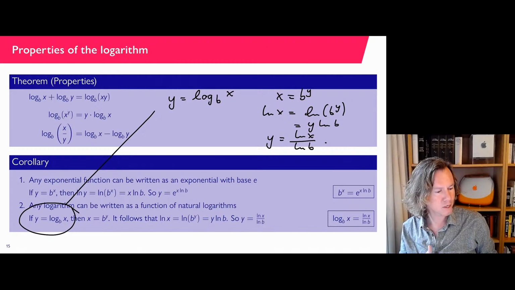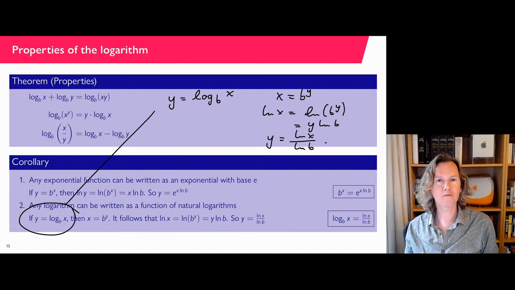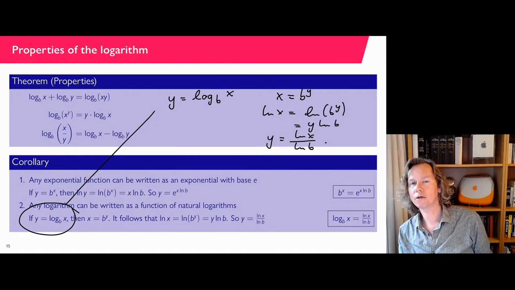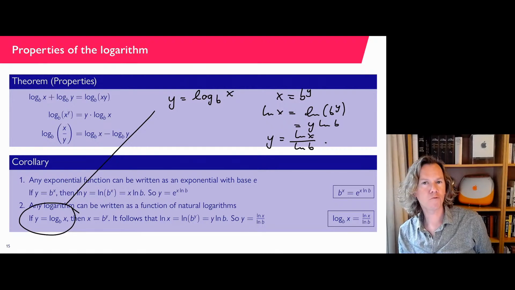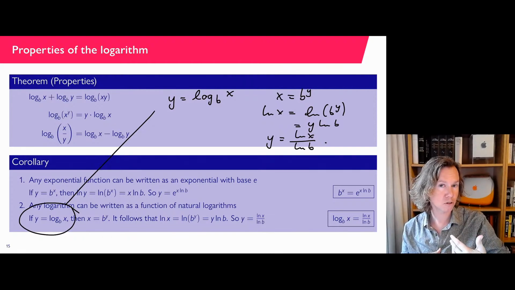But the reason that it's very, very nice is if you look at derivatives. Because as you may recall, the derivative of e to the power x is e to the power x. And that is why, if we're talking about mathematical growth processes where we have exponential growth, it's very nice to work with e to the power x, because differentiation and also integration is going to be so much easier.